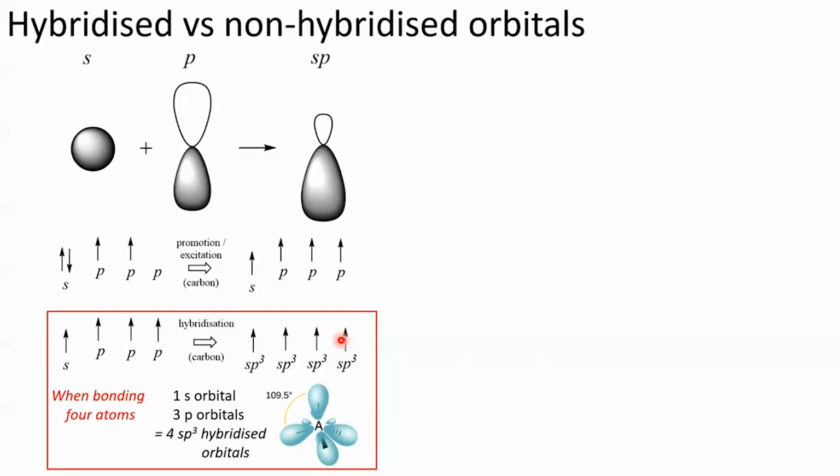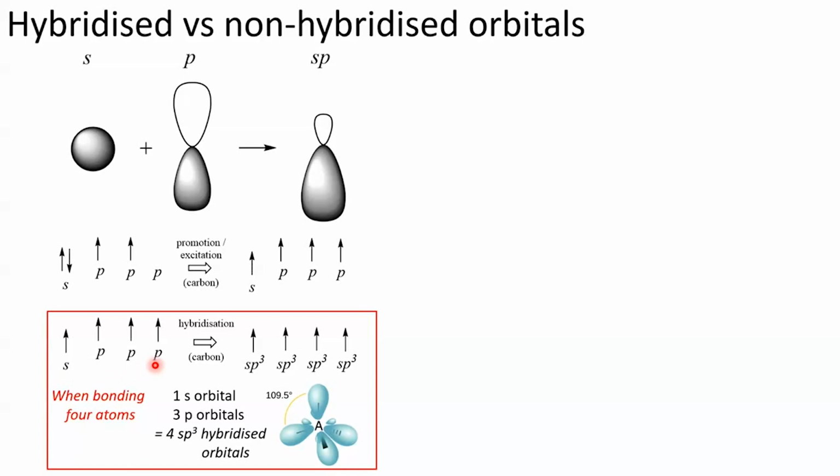So for a quick reminder on hybridizing orbitals, in many instances the atomic orbitals don't actually reflect these idealized s and p orbitals. Instead, they hybridize together to give you hybridized orbitals. Sticking with carbon, if carbon is bonding to 4 atoms, that means that 1, 2, 3, 4 orbitals are going to be hybridized to give 4 sp3 orbitals.